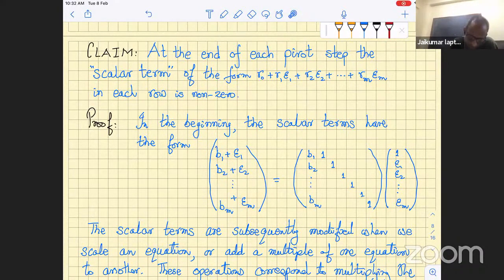So initially, what was it? Initially, the scalars looked like this. Yeah, in the first row you had b1 plus epsilon1, in the second row you had b2 plus epsilon2, up to bm plus epsilon m. This is just when we started. Okay, and let me write this as this.